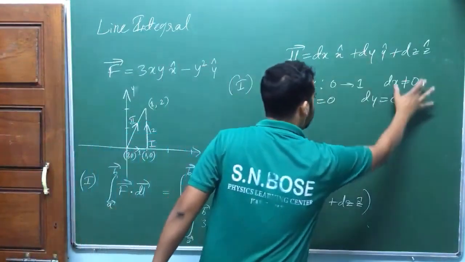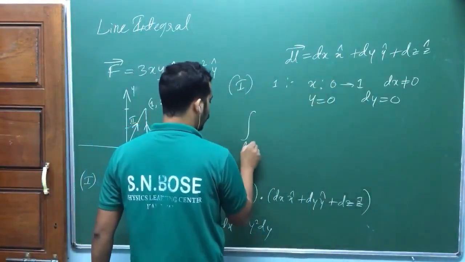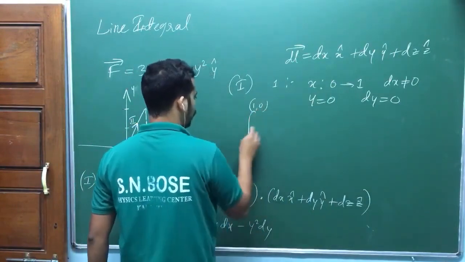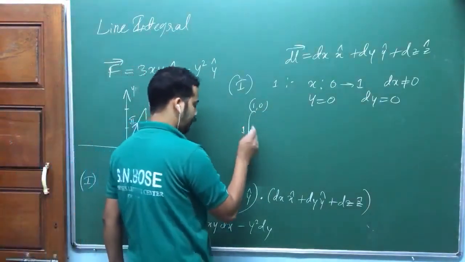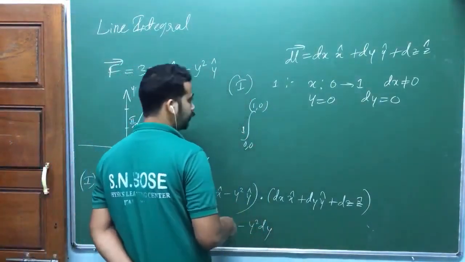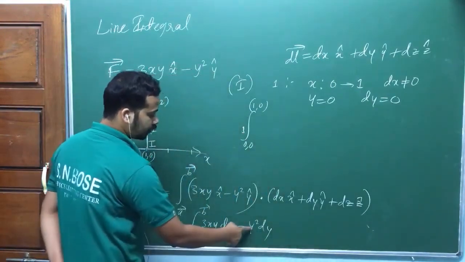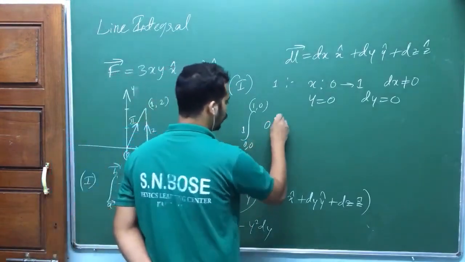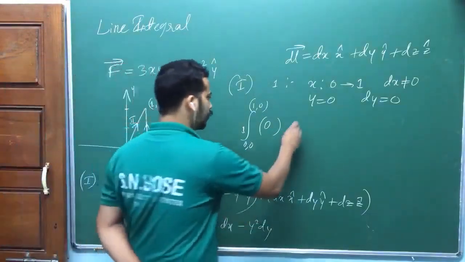You have to substitute this information into the integral. So from (0, 0) to (1, 0), the first part of the first path, that's equal to 3x times y with y equal to 0, which is 0, isn't it?